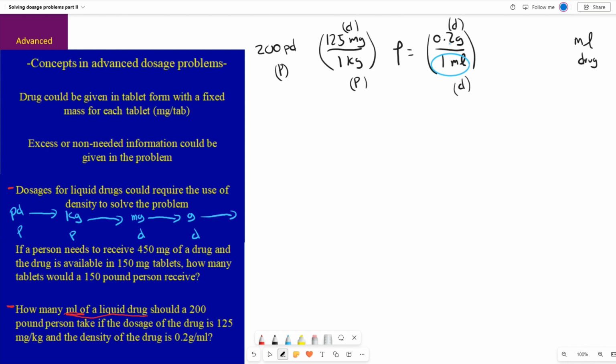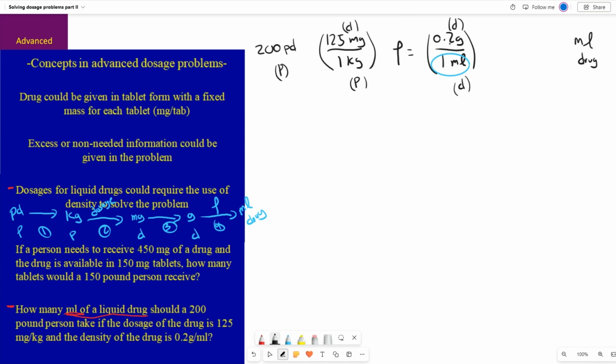And then we'll use the density. So this is the dosage here. And then we'll use the density to get to milliliters of drug. So this is going to be a 1, 2, 3, 4-step video or 4-step problem.